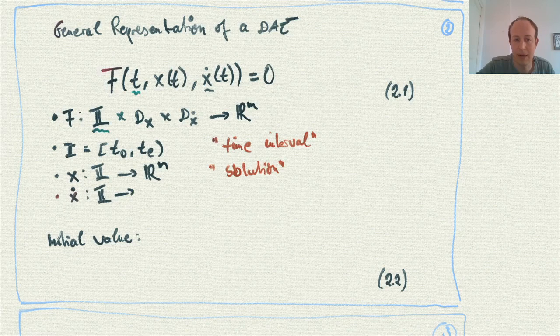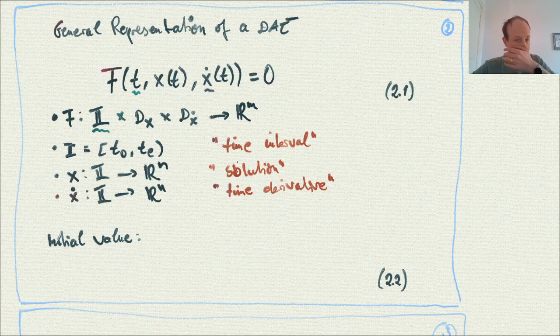So it will also take t in this time interval and return a value in R to the n. And this is supposed to be the time derivative. And we say that x and x dot make a solution to this if f applied to all this equals 0 for all t in this time interval.